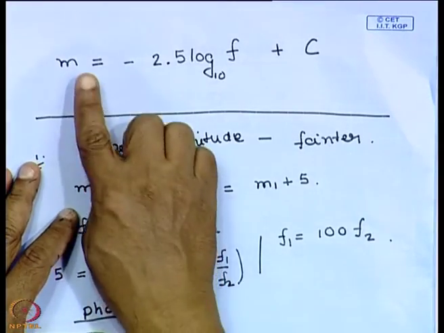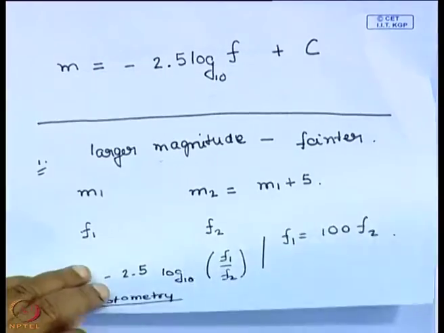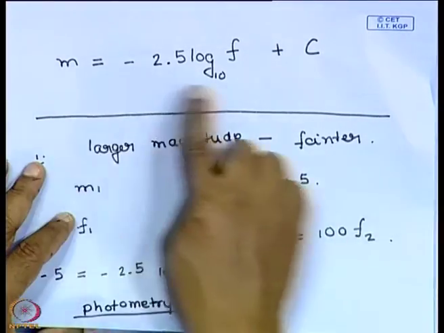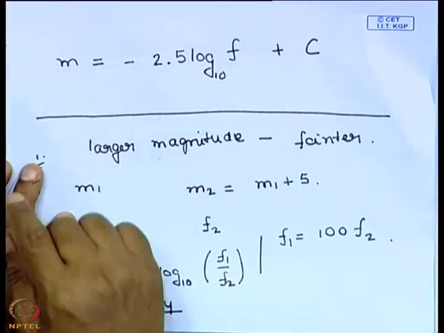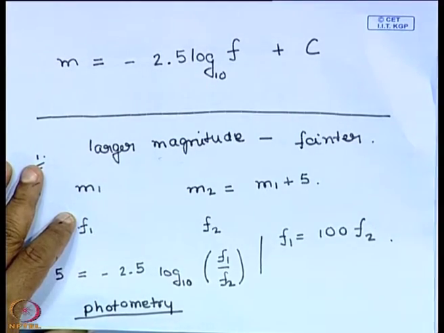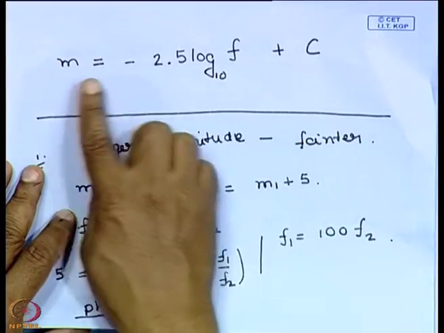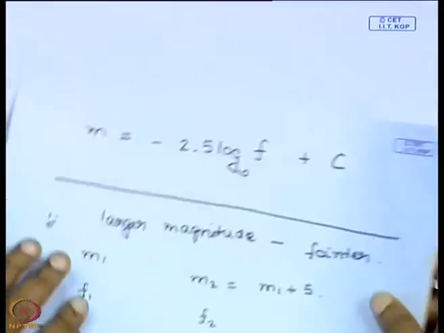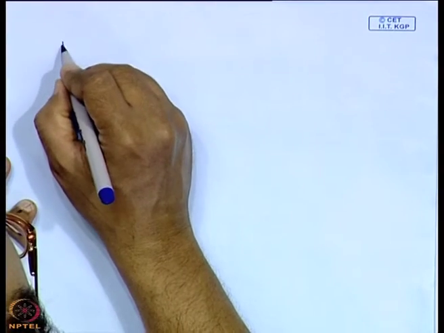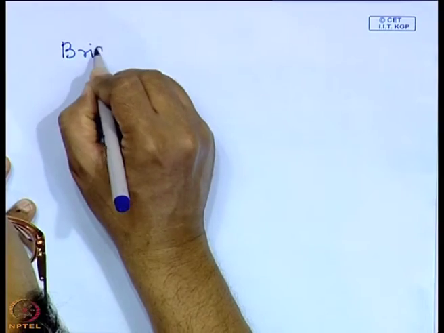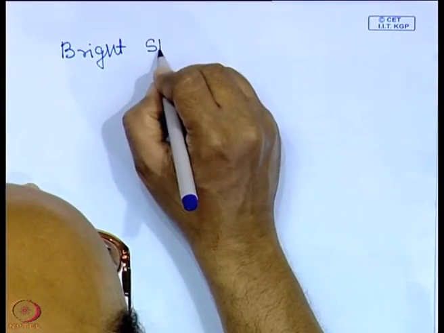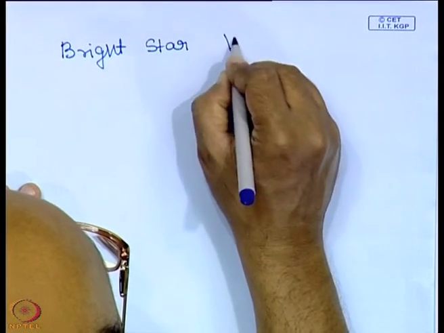The 0 of the magnitude scale is set. Where is the 0? For which source is the 0? Unless you know that, you will never know how to convert the measured magnitude into a flux. So, the 0 is determined using a bright star called Vega.